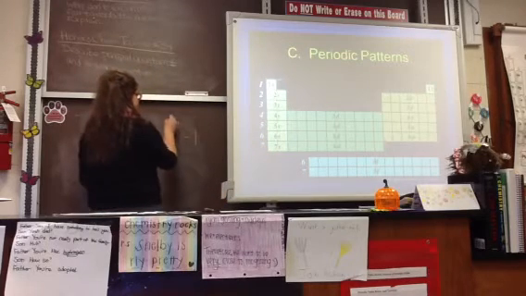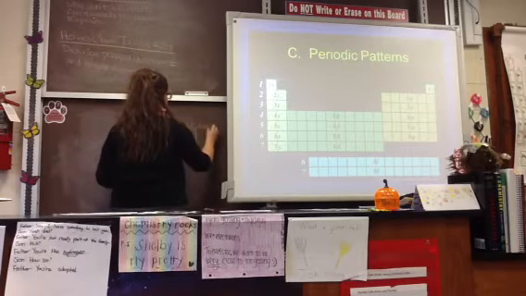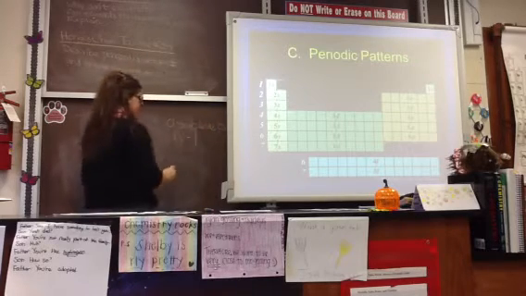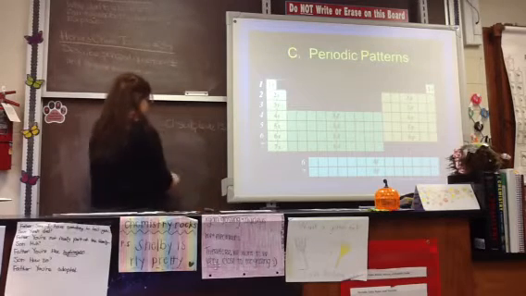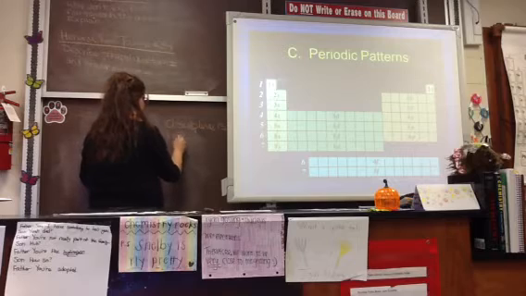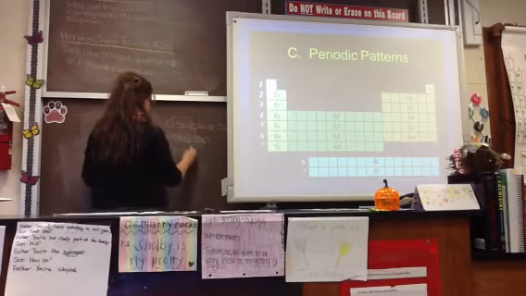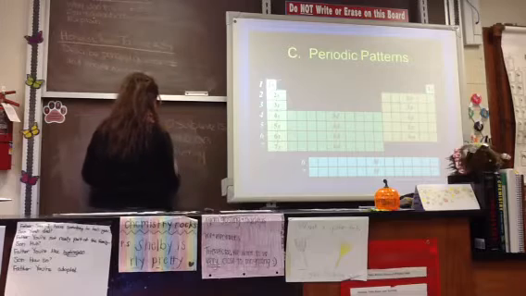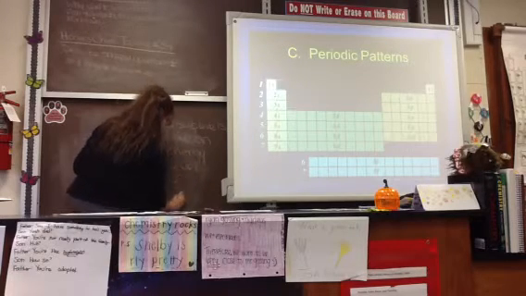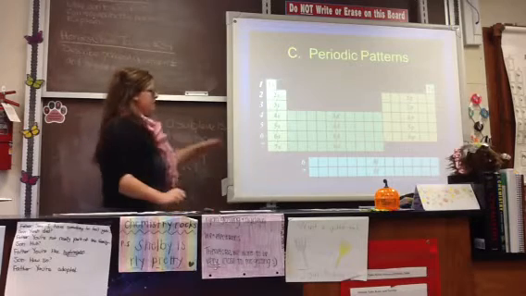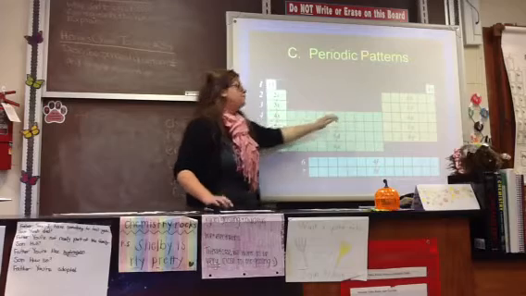So d sublevels have an energy level of n minus 1. So this is in the 4th row, I take 1 away, gives me 3d.